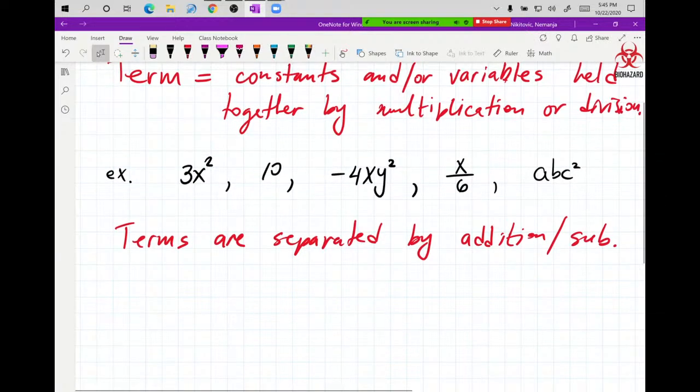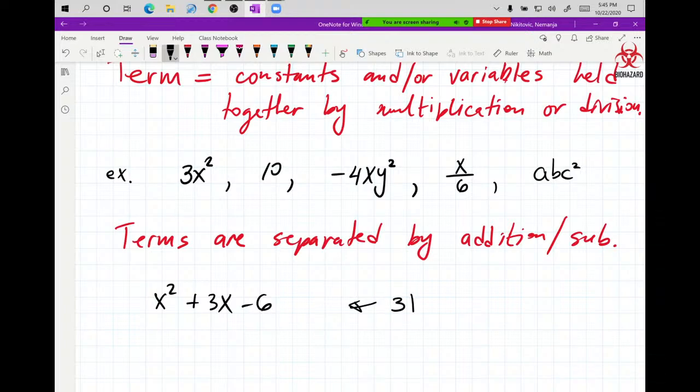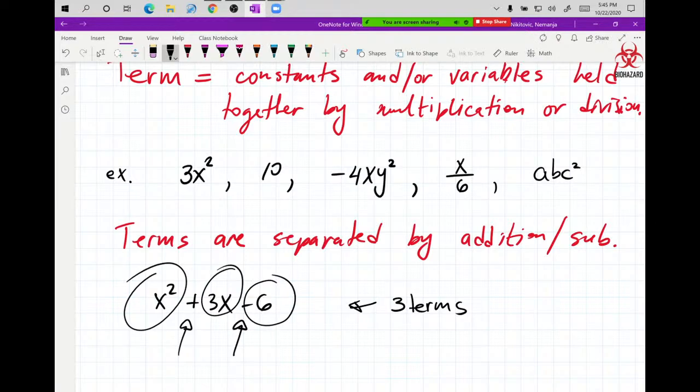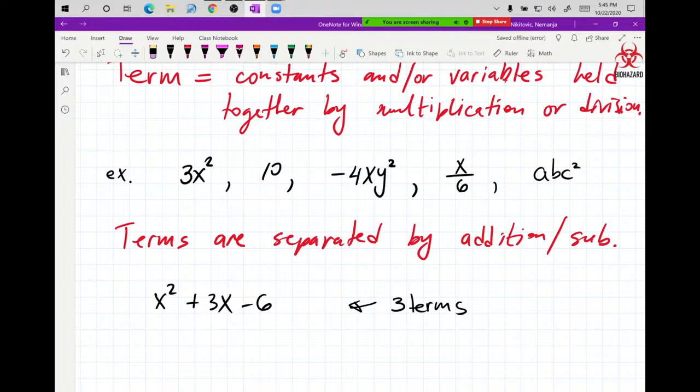So when I write x squared plus 3x minus 6, I know that there are 3 terms in there, because we have 2 of these signs which are used to separate terms. So we have term number 1, term number 2, term number 3.